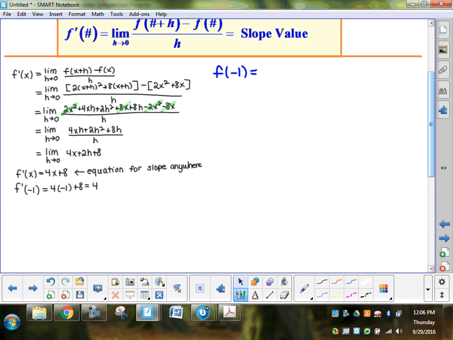Is equal to the limit as h approaches 0 of f of -1 plus h minus f of -1, all over h.